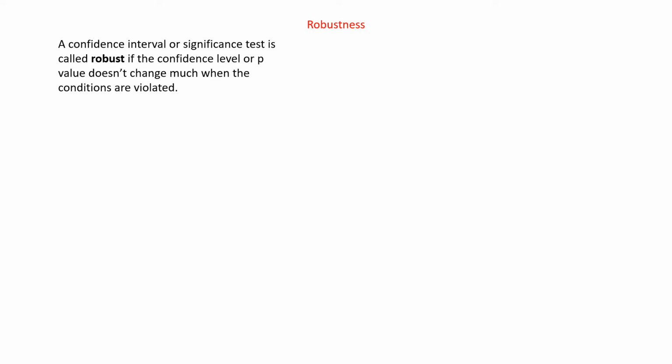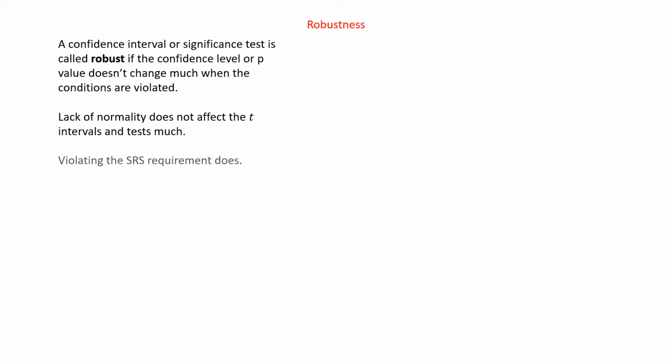So that is something we just have to roll with. And so robustness is how much does that actually affect it? T procedures aren't as affected as Z procedures as far as lack of normality. But again, violating the SRS requirement does affect the T procedures. They're also strongly influenced by outliers, just like the Z procedures, because it uses the mean, and the outliers will affect the mean pretty significantly.